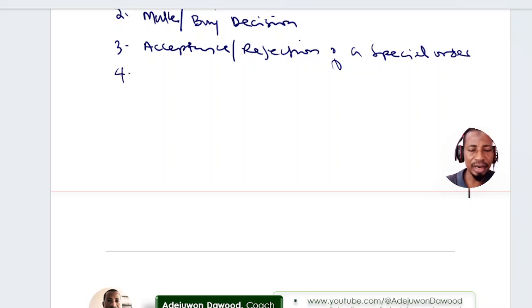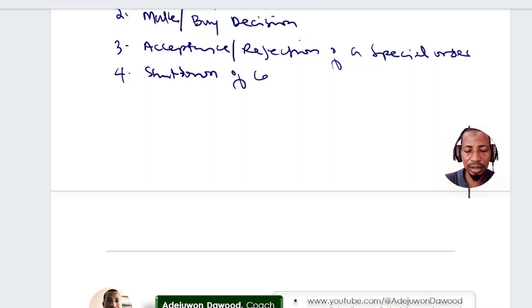Number 4 area of application of marginal costing concepts is shutdown of capacity. Management may want to know whether a particular capacity should be shut down or they should continue with it.